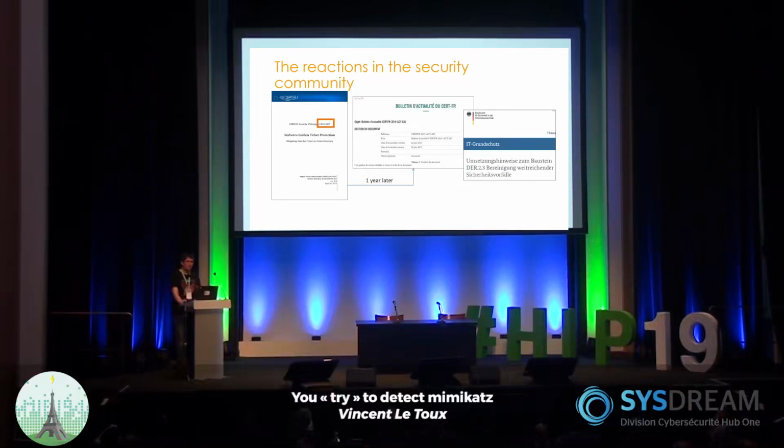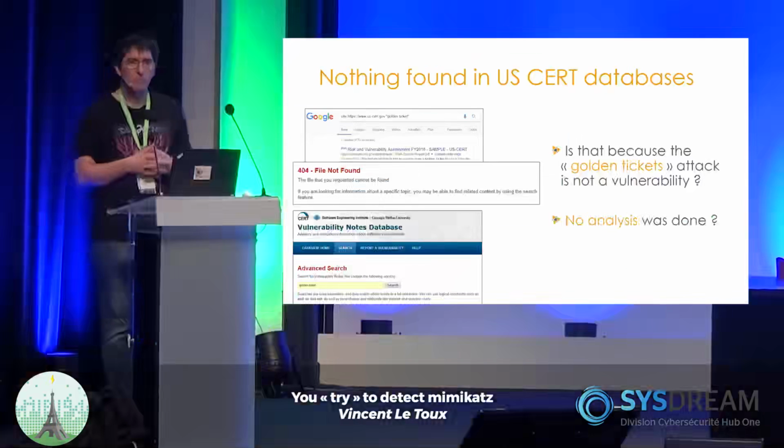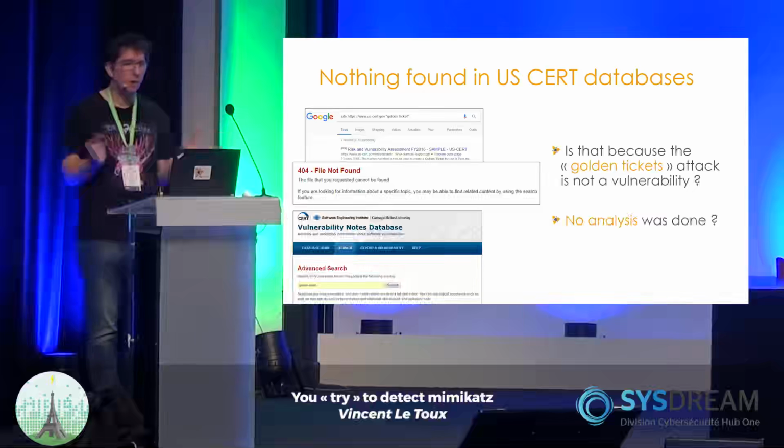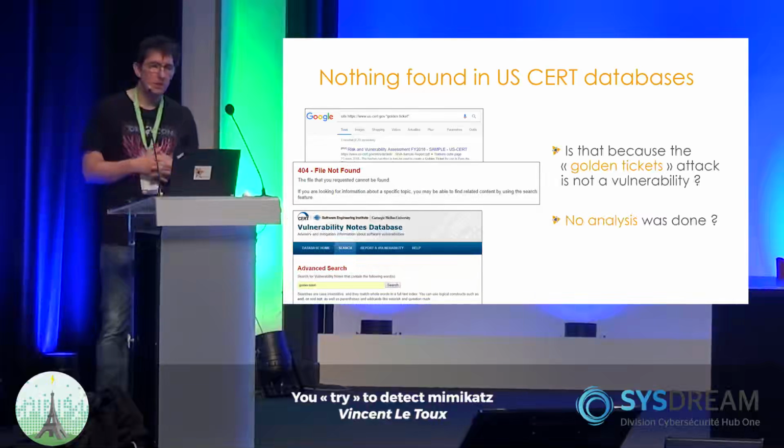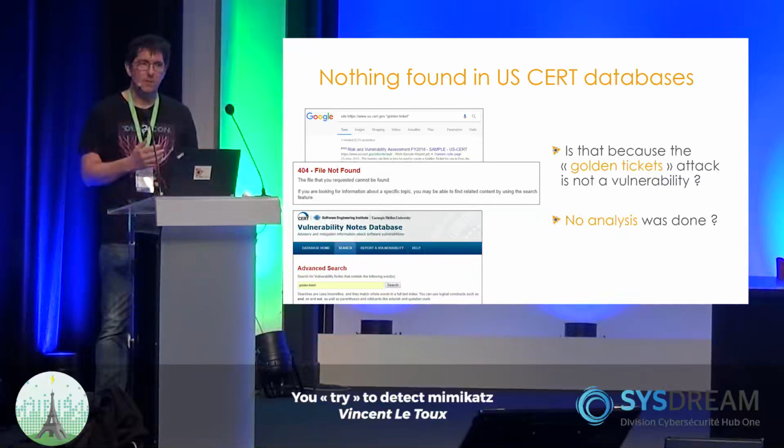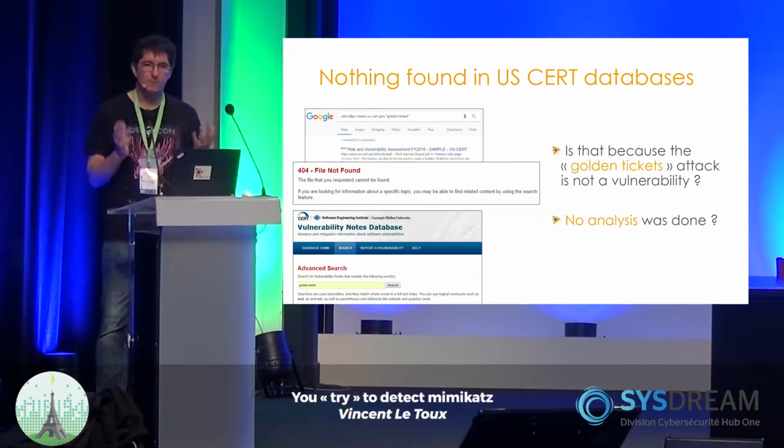And I was asking myself if it is the case in the US. I'm just a foreigner. I use Google. I searched in the US-CERT database, nothing. I searched in the CERT/CC, in MITRE, golden ticket, you can Google it, and nothing. Is that because it's not a vulnerability? I mean, there is no CVE code, or because they just missed it?